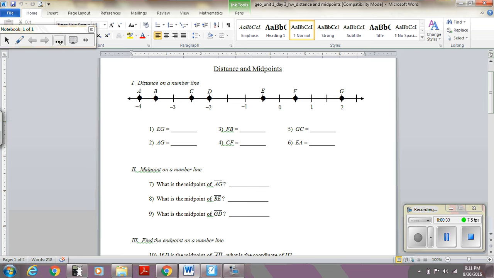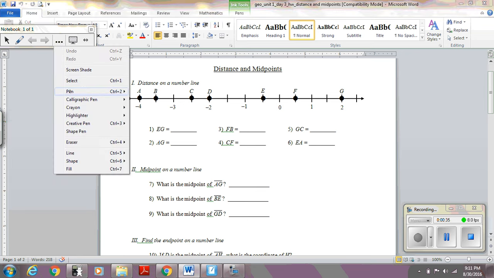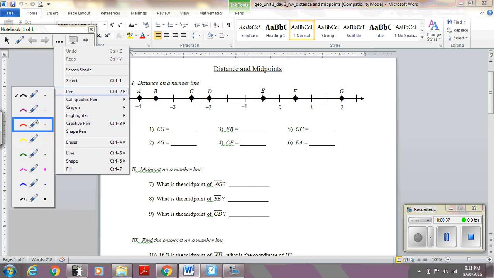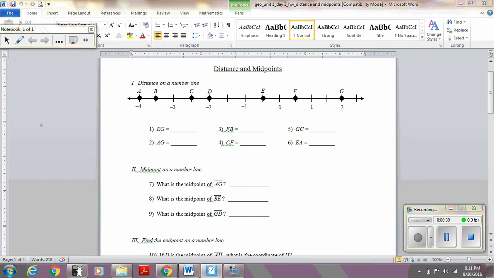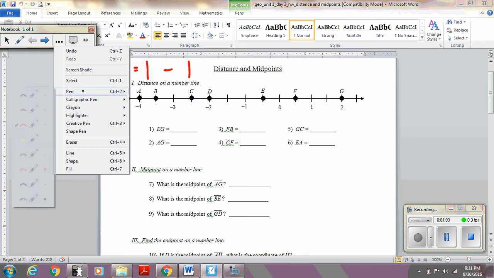Before we begin, the first thing I want to do is write down all the formulas we're going to need. The front side deals all with the number line, and the back side deals with the coordinate plane. So on the front side, the formulas we're going to need are the distance formula, which is the absolute value of point minus point.